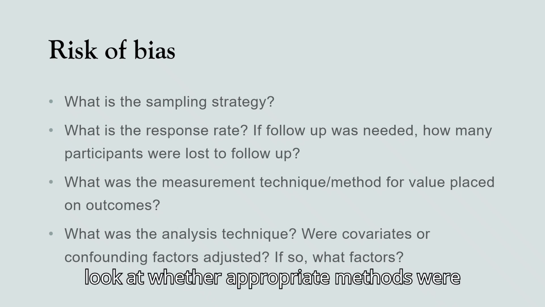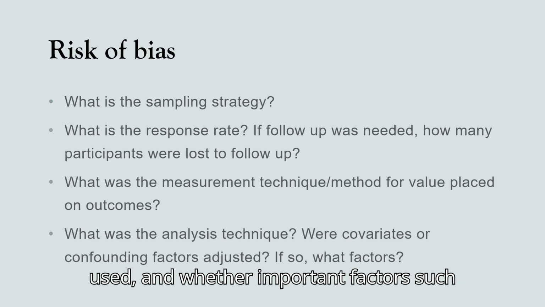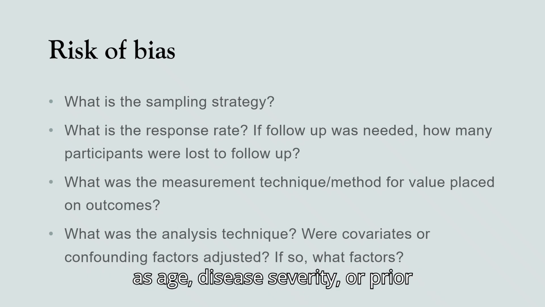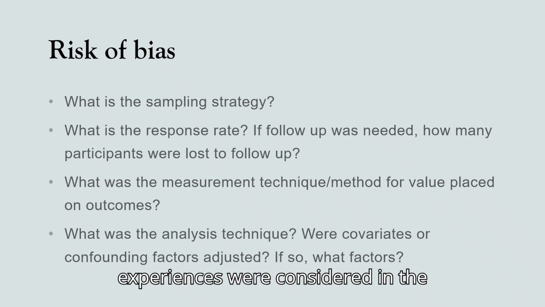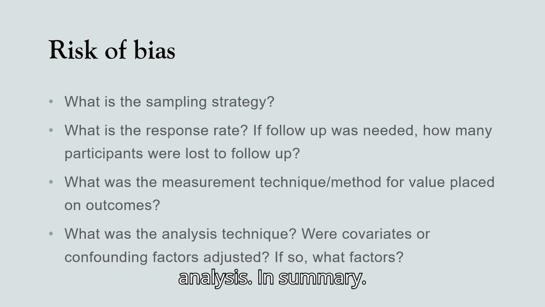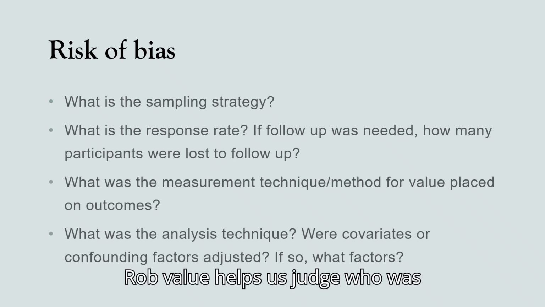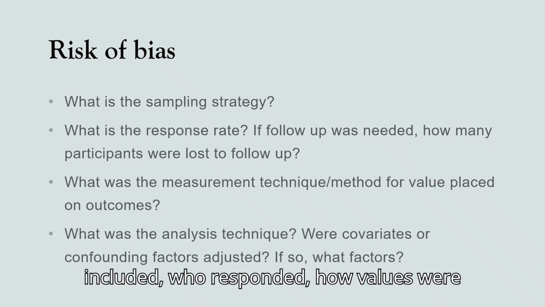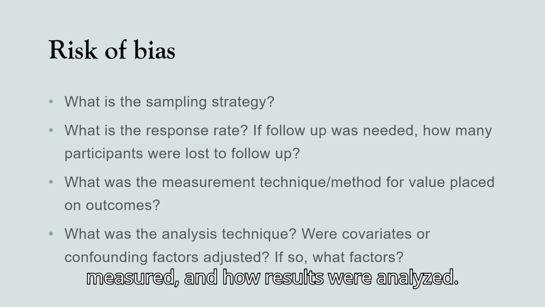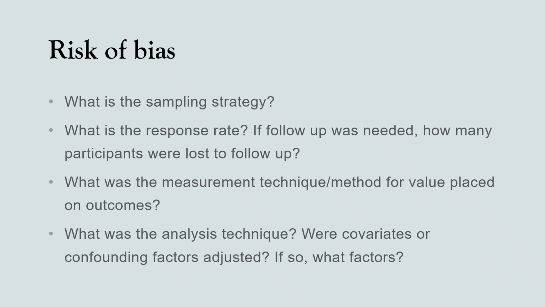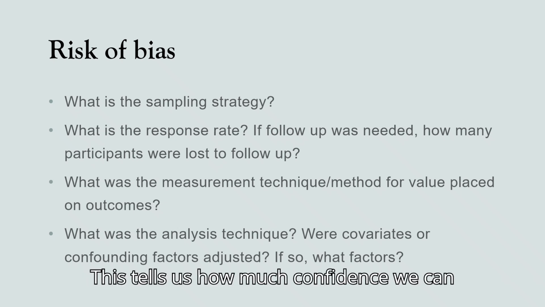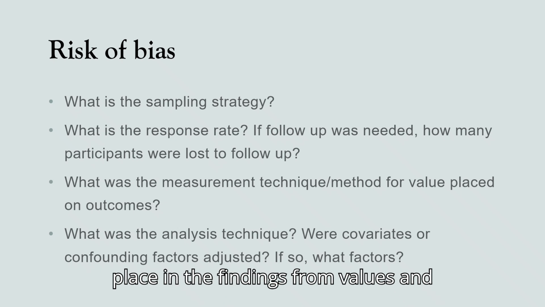We look at whether appropriate methods were used and whether important factors such as age, disease severity, or prior experiences were considered in the analysis. In summary, ROB-VALUE helps us judge who was included, who responded, how values were measured, and how results were analyzed. This tells us how much confidence we can place in the findings from values and preferences studies.